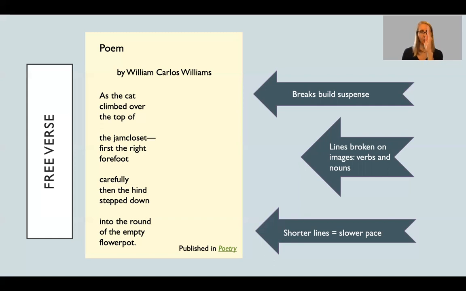The cat is moving from the top of the closet that would hold jam. That's what a jam closet is. And then just stepping from the top of that into an empty flower pot that's happening to be sitting there.